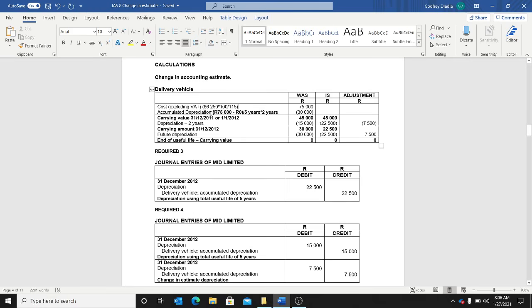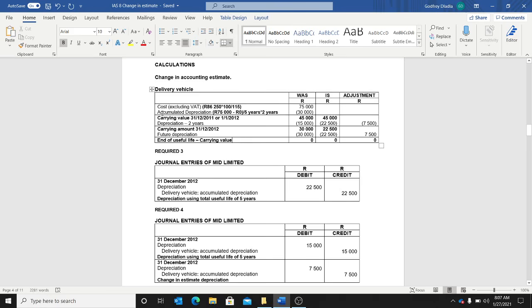So that is the amount that we are dealing with here. Okay, this one here, so all students can see. So that is that amount there.